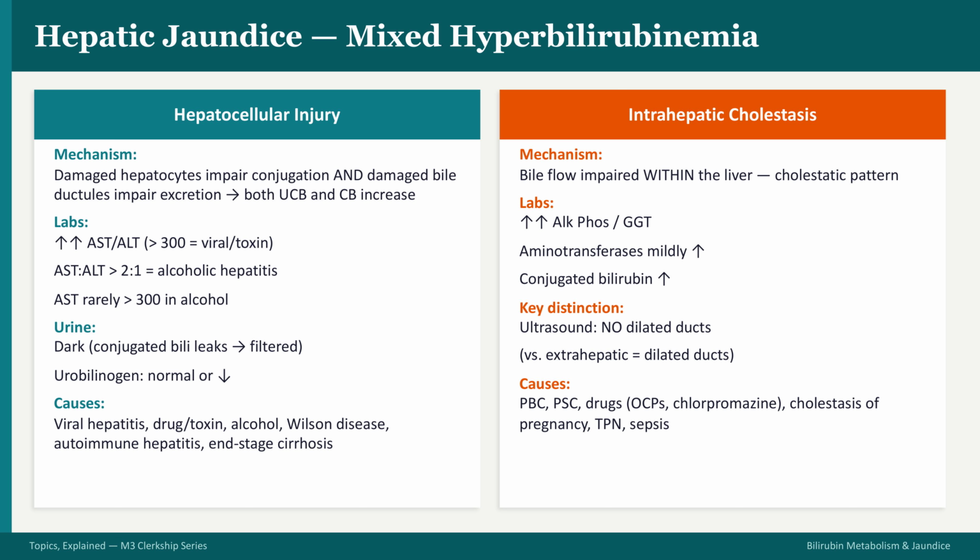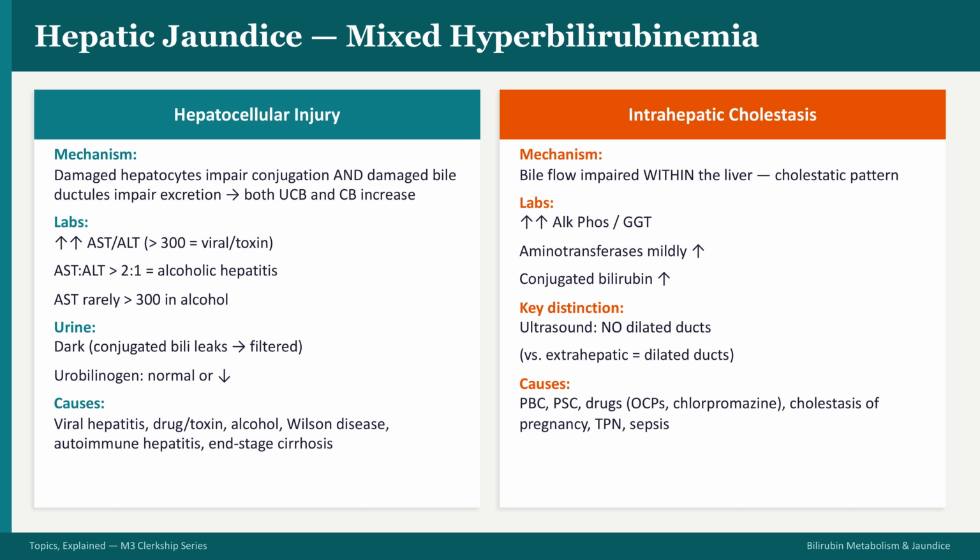The signature lab pattern is markedly elevated aminotransferases, AST and ALT, often in the hundreds to thousands with viral or toxin-mediated injury. In alcoholic hepatitis, look for the classic AST to ALT ratio of at least 2:1, with AST rarely exceeding 300. Urine is dark from conjugated bilirubin leaking into the blood and being filtered, but urobilinogen is normal or decreased because less bilirubin is making it into the gut.